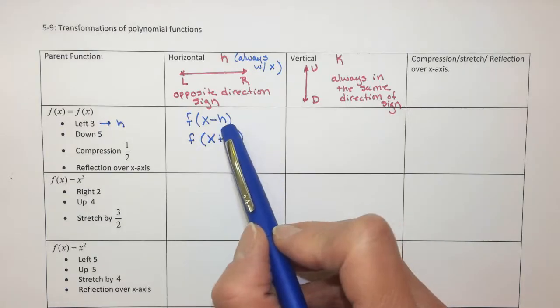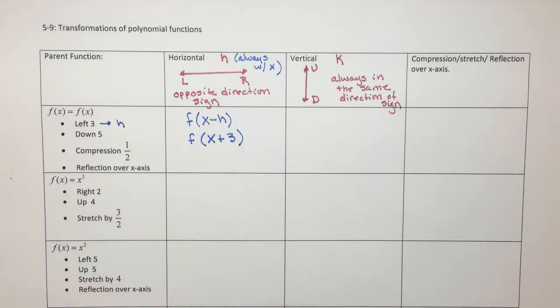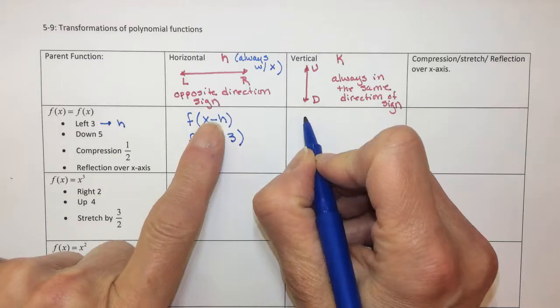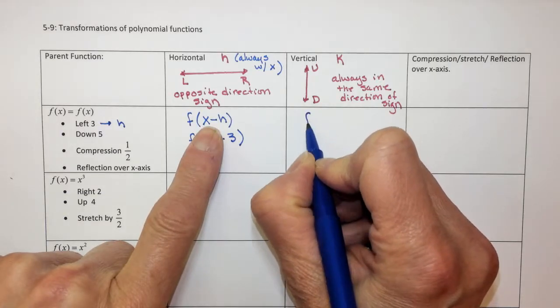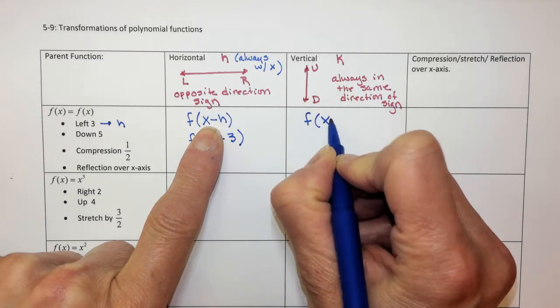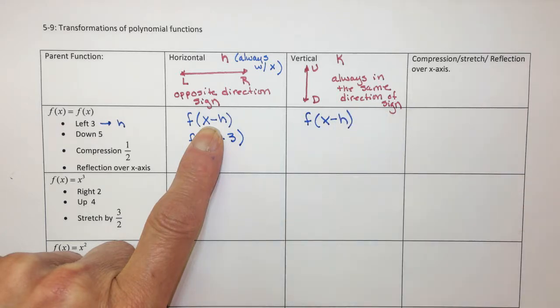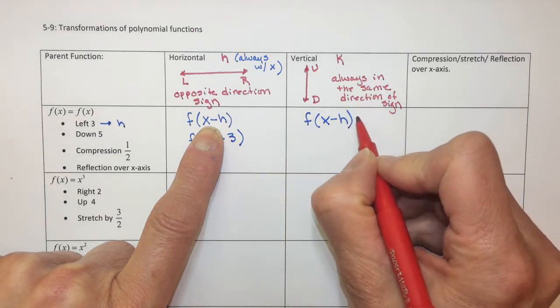So if I'm going to use my general form here, this moved it horizontal. So now I'm going to move it vertical. So that's the plus K.